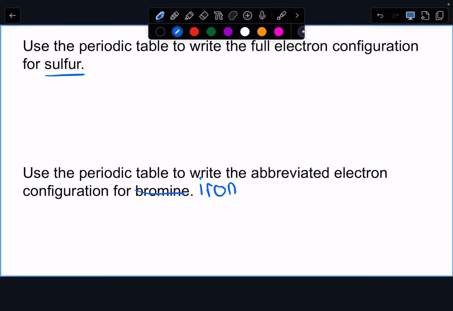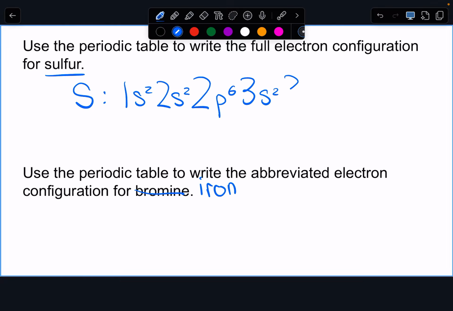Okay, so I'll go ahead and write sulfur up here so that when you're ready to check, you can. And in fact, maybe I'll write the abbreviated one just so you can see another example of how those work.